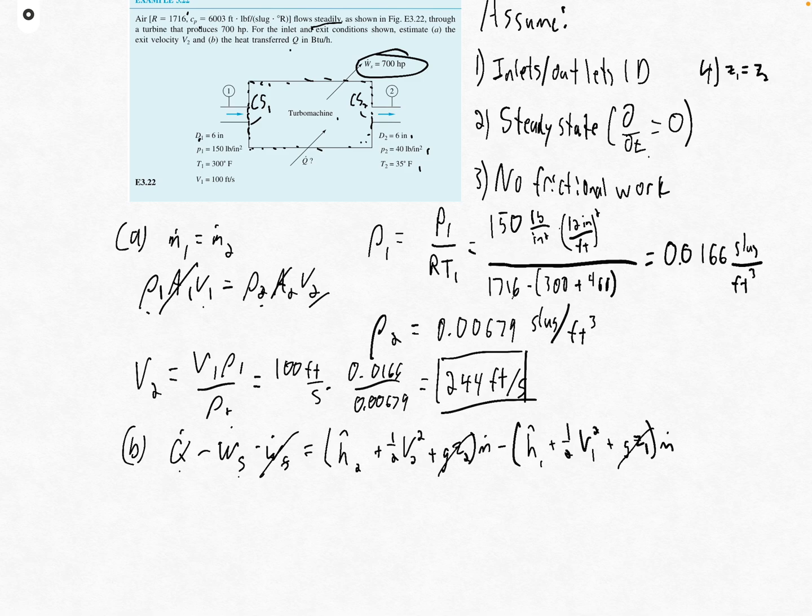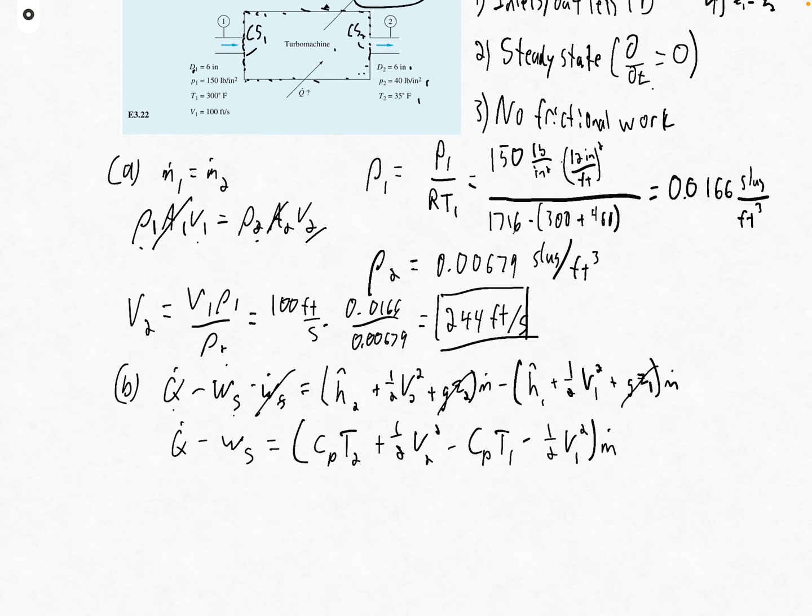So we can rewrite this, for example, as Q dot minus WS is equal to Cp times T2 plus 1/2 V2 squared, I'm just going to gather these terms together, minus Cp times T1 minus 1/2 V1 squared, times m dot. And we can start gathering these things together and plugging them in.